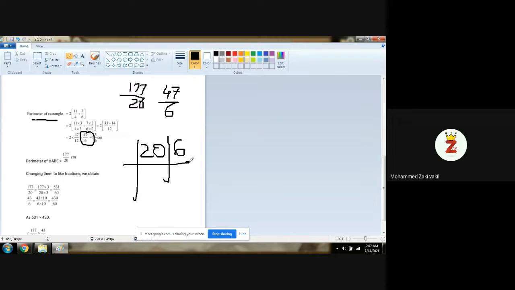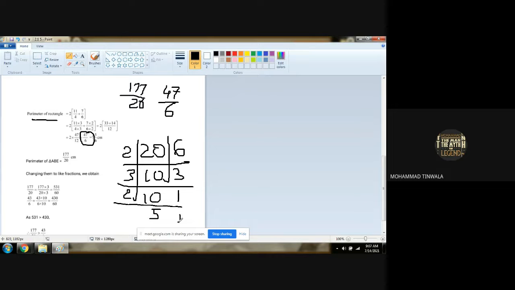If we do it for 60, 2 tens are, 2 threes are, 3 ones are, 10 as it is, again 2 fives are, 1 as it is, 5 ones are. So 2 into 3 into 2, 3 twos are 6, 6 twos are 12, 12 fives are 60. 60 is our LCM. Are you getting it?